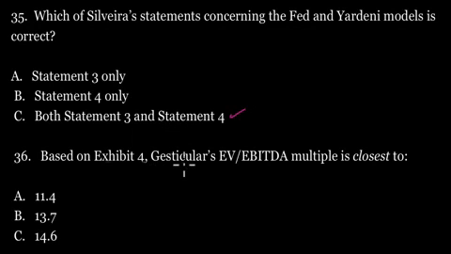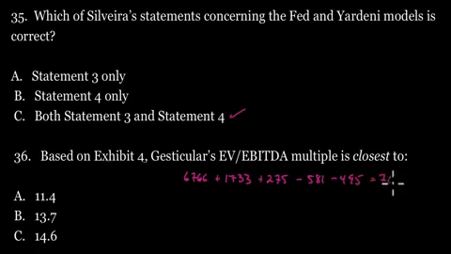Based on Exhibit 4, Gesticular's enterprise value to EBITDA multiple is closest to. We had everything there we needed to calculate enterprise value. We just had to do the math. 6766 plus 1733 plus 275 minus 581 minus 495. If you go back and check those numbers, you'll see we're adding market values of debt, equity, and preferred equity, and subtracting all the cash and marketable securities.